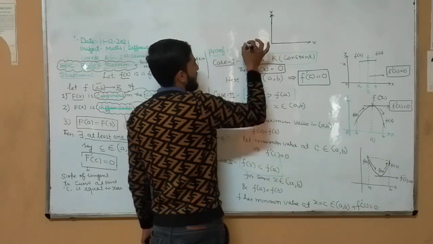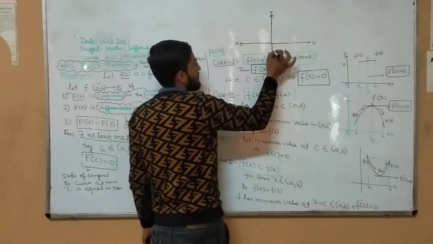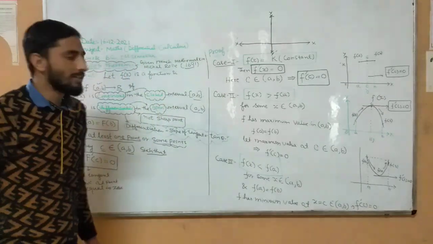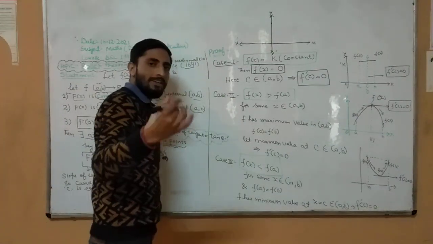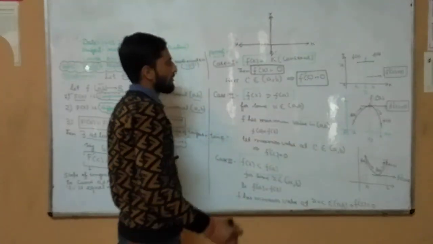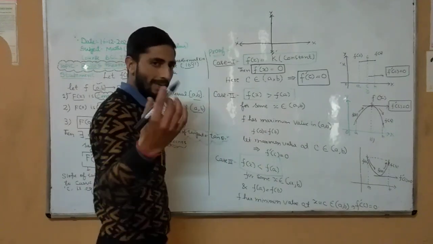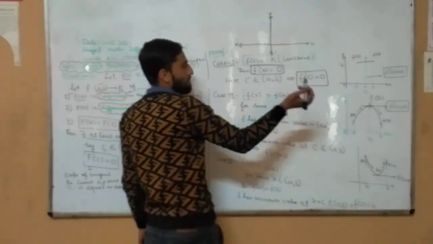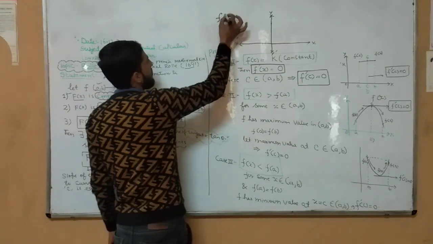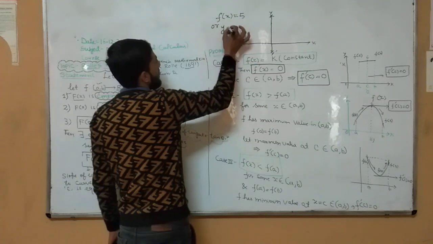Similarly, we take x' and y'. How can we show a constant function on the graph? We say y is equal to some constant number, for example f(x) is equal to 5, or y is equal to 5.